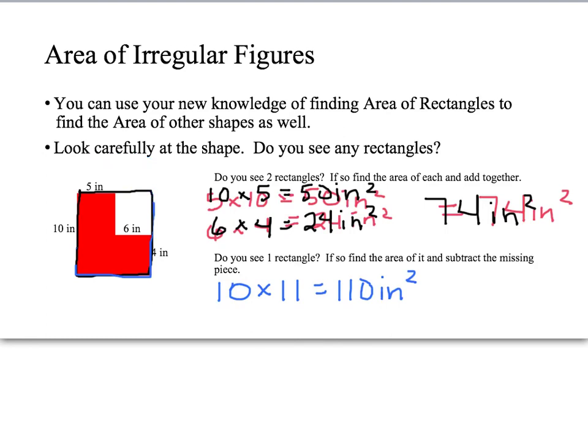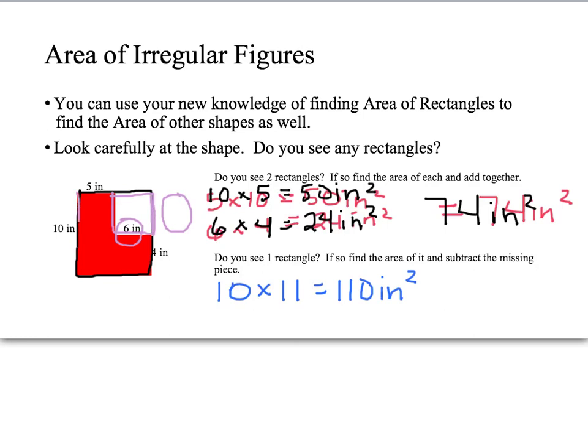All right, let me see if I can erase this, because now we need to find this little piece right here. And what we're going to need to do is subtract that from 110 inches squared. Well, we again need to find length times width. We have the length is 6 inches, but what we're missing is this piece right here to find out how long it is.